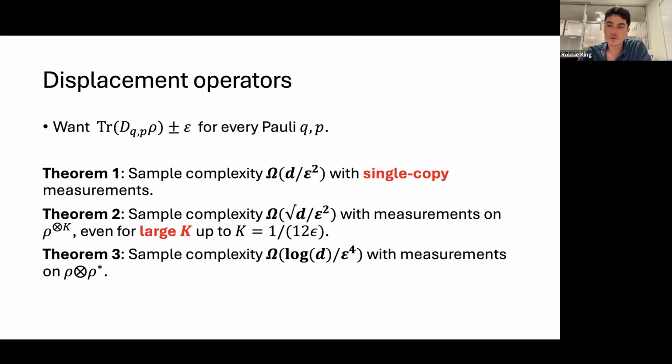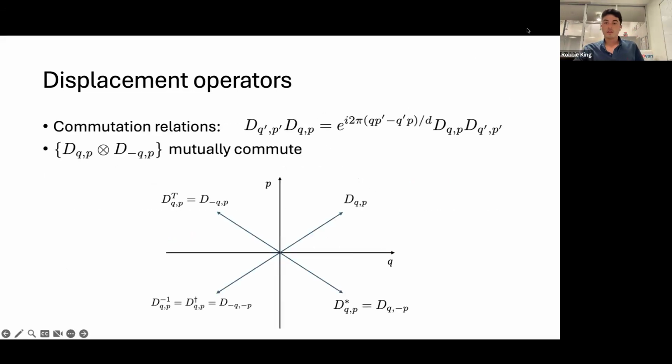Okay, so why is this true? To see this, we need to look at the commutation relations of the displacement operators. So remember we saw before that if you braid two Paulis, you get a minus sign. Here, if you braid two displacement operators, you in fact pick up a complex phase, which will be a d-th root of unity. So it's no longer true that D tensor D commute on two registers, because if I square this complex phase, it won't become 1 necessarily.